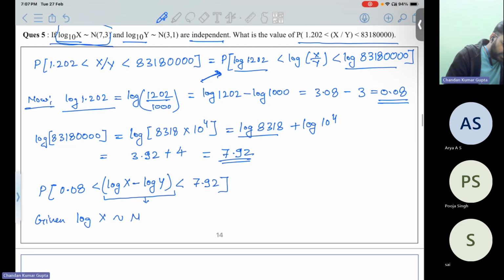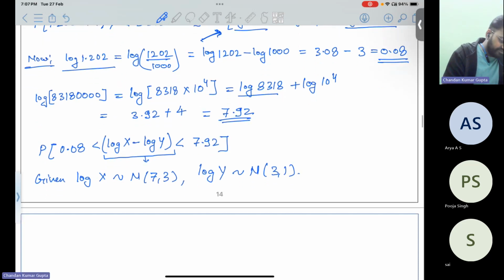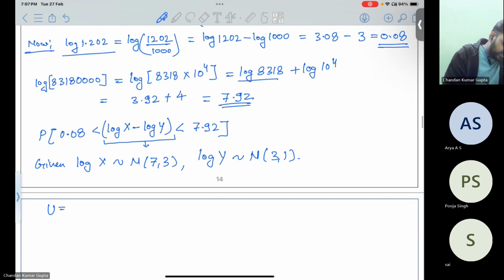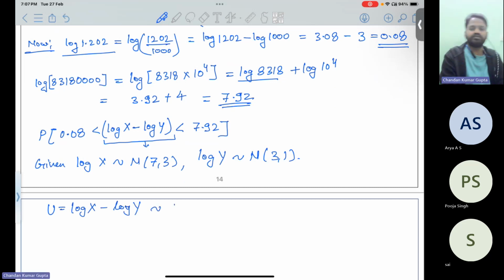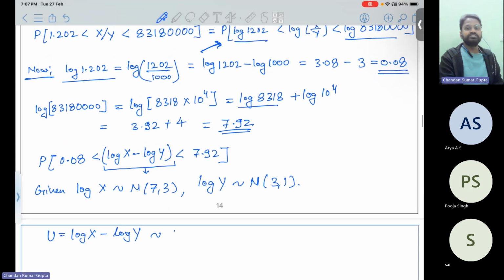Log x follows normal 7.3, log y follows normal 3.1. So can anyone tell me, u equal to log x minus log y follows which distribution? Can anyone tell me with reasons?